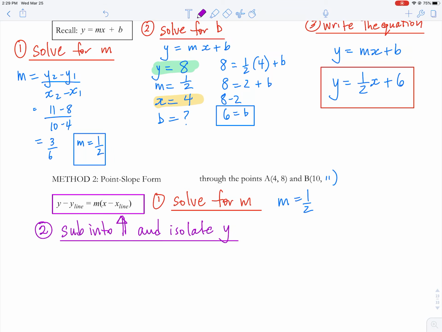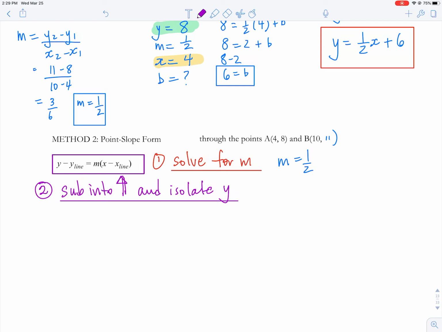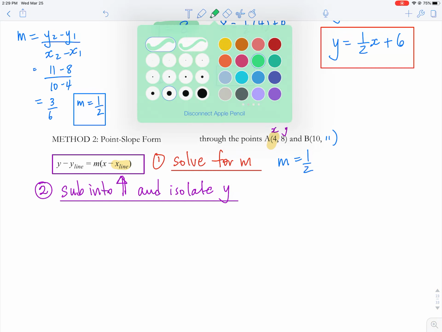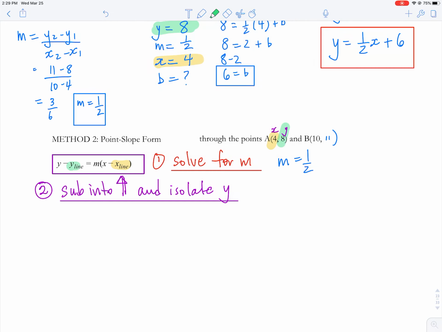So we're going to have m. We're also going to need x1 and y1, which are just going to be your x value and your y value from your point.